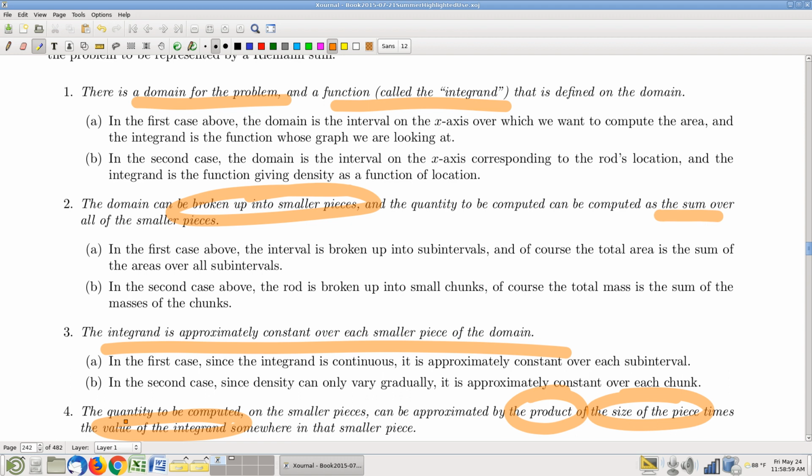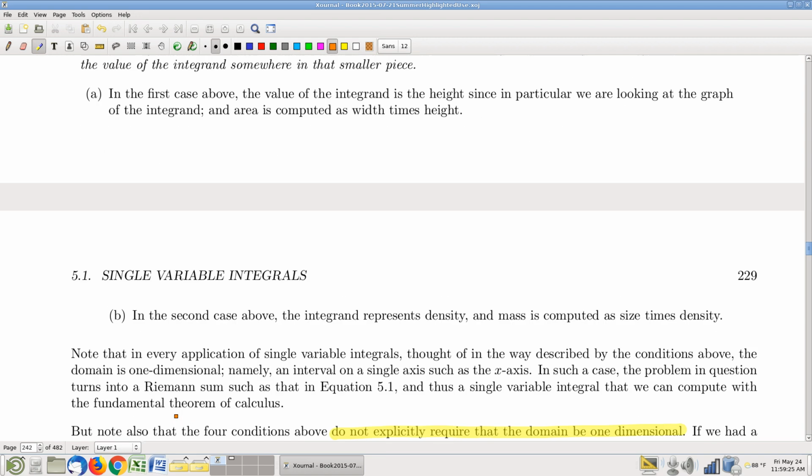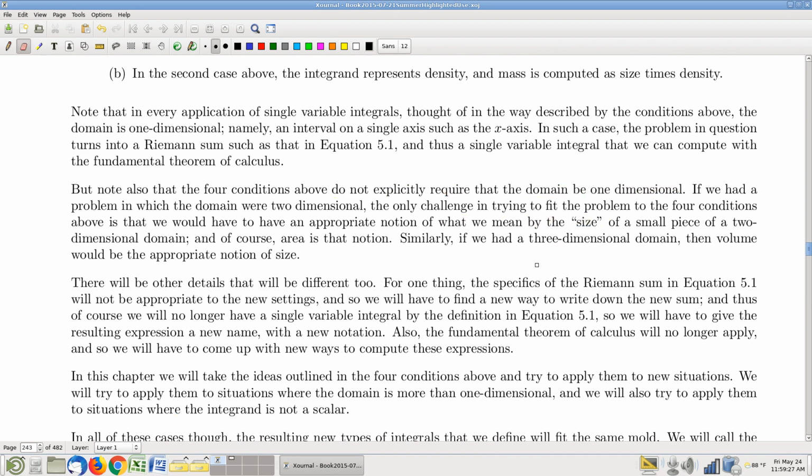Every integral we've seen in the past, we were looking at an integral over an interval on the x-axis, t-axis, x-axis, whatever. A one-dimensional domain, and when we chop it up, those pieces have a one-dimensional notion of size, namely length. I deliberately left that off, because that's the foot in the door that we're going to leave open to us to doing something in higher dimensions.